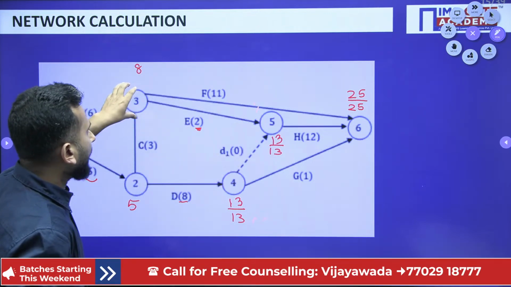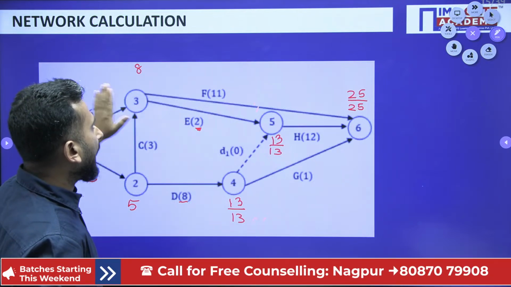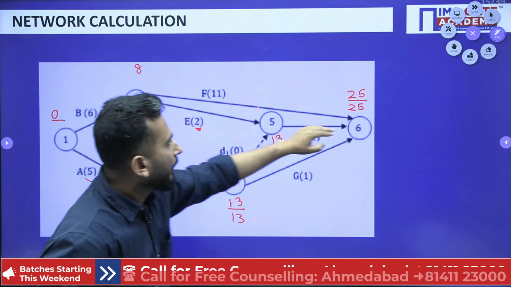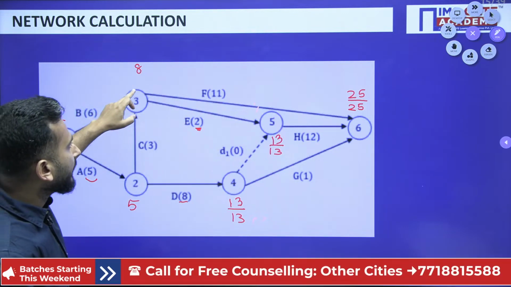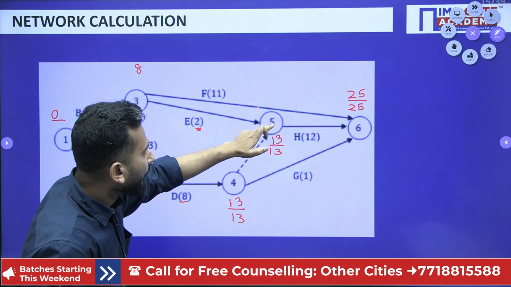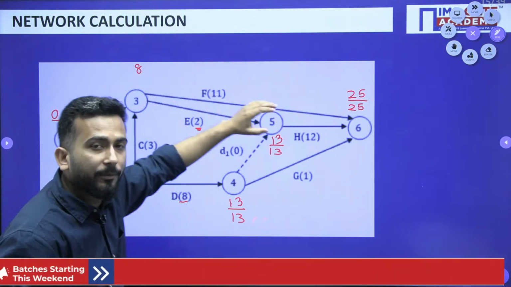Now let's attack event 3. In how many ways am I able to reach this 3? One way, from 6 directly I am able to reach 3. Second way is 5, you are already there, from 5 also 3 is possible.